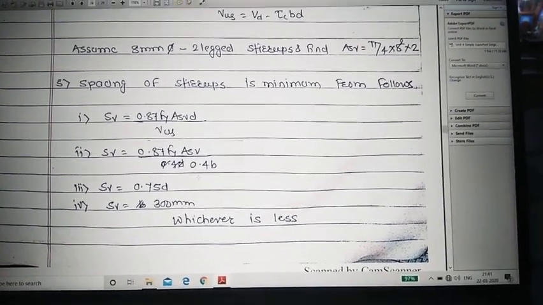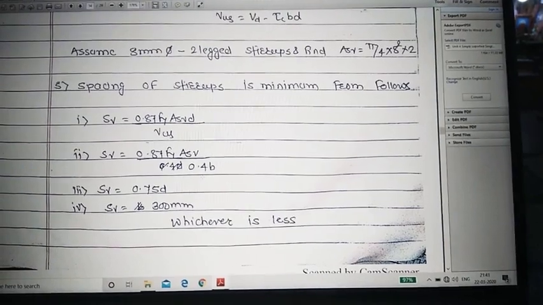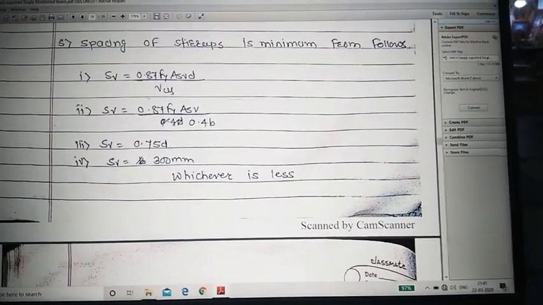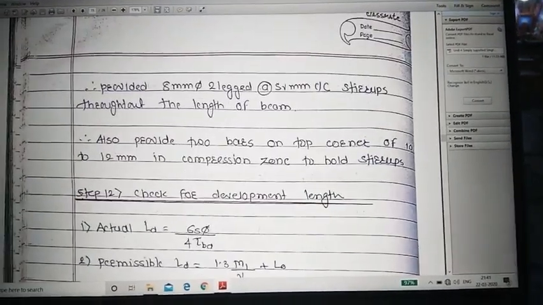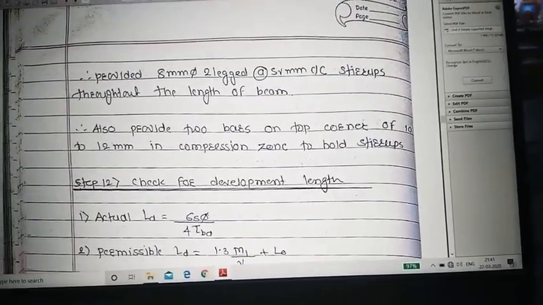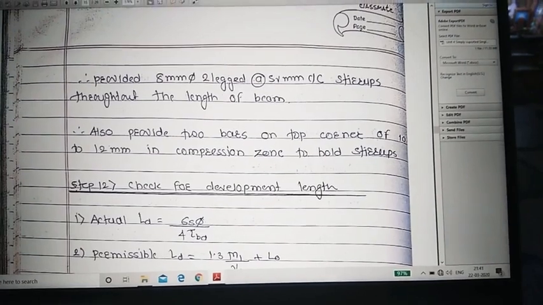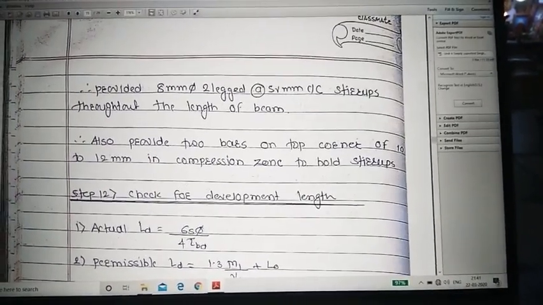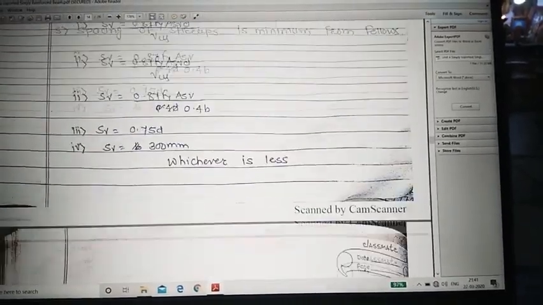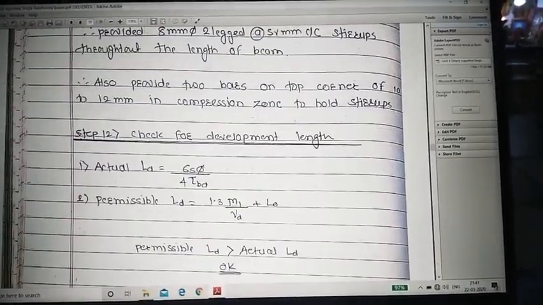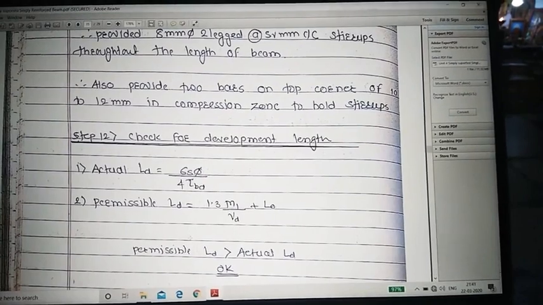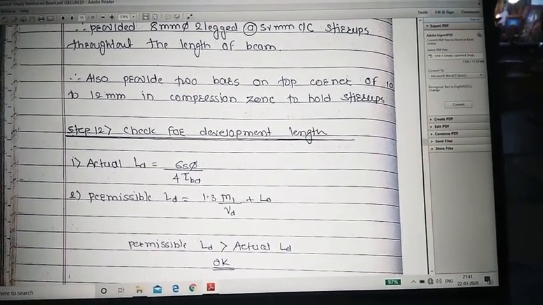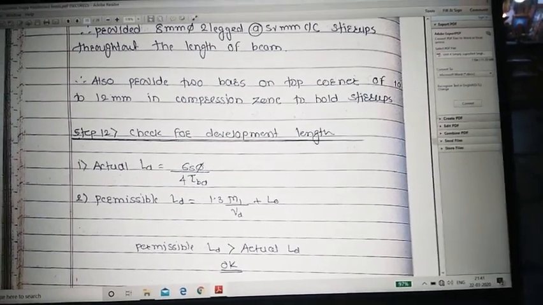Provide the spacing whichever is smallest from these four Sv values. Then write the sentence: provide 8 mm phi 2 leg stirrups at the spacing which is the least of these four values. Also provide 2 bars on top corners of 10 to 12 mm in the compression zone to hold the stirrups.